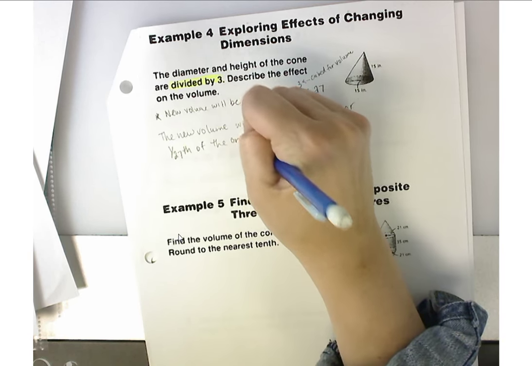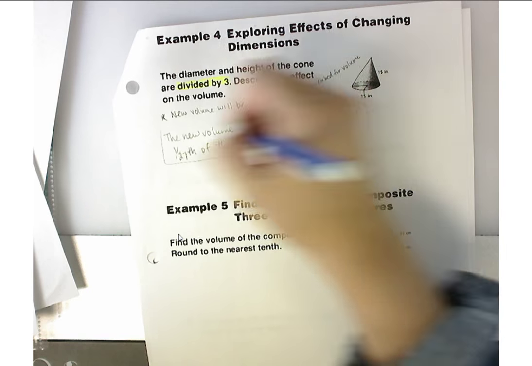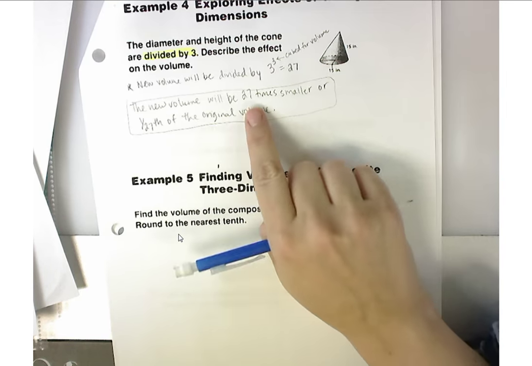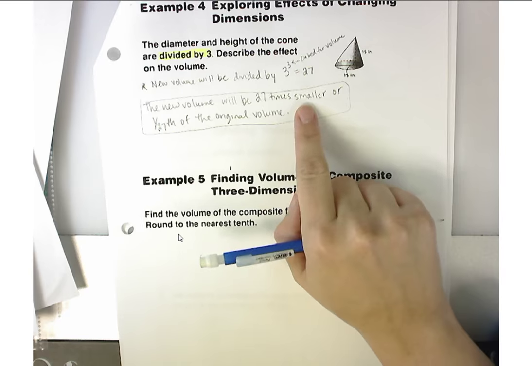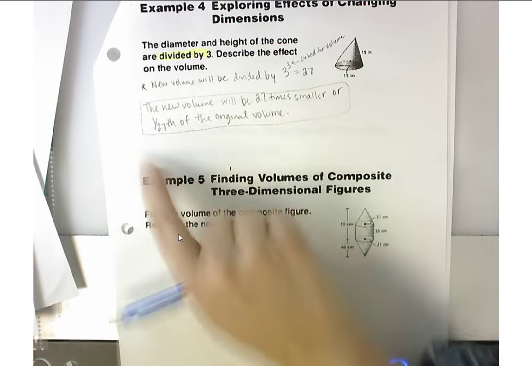Okay, so those are the 2 ways that you would write your answer. You'd either say 27 times smaller or 1/27th of the original volume.